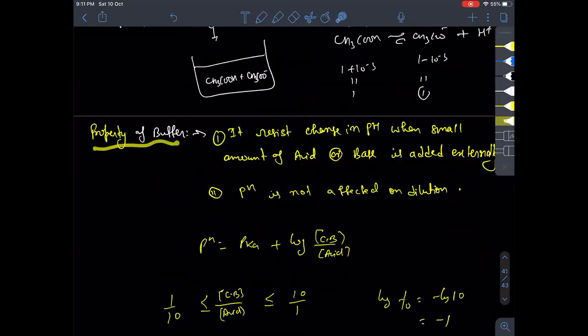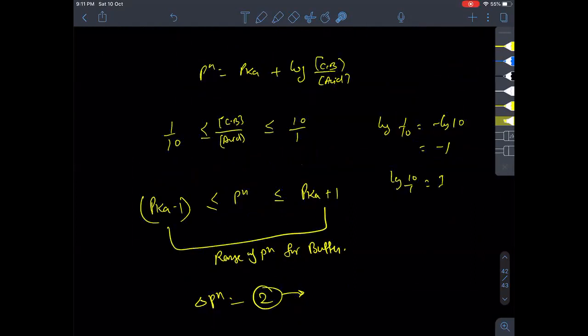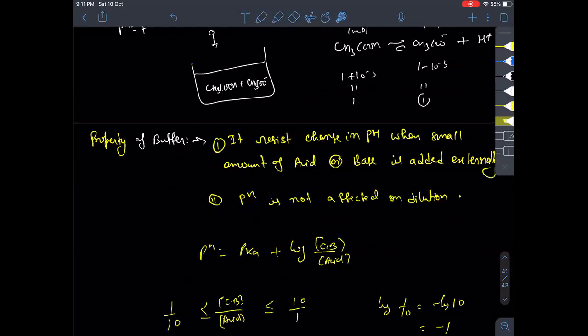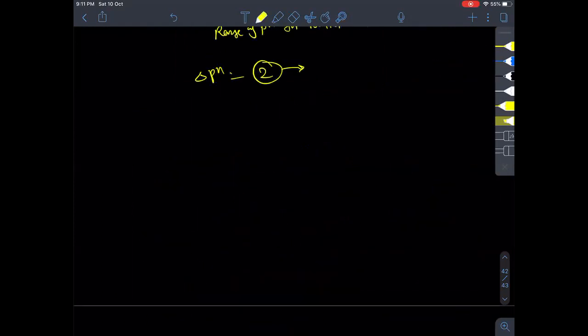So all right, this was all about the properties of the buffer. Another term is defined as buffer capacity. How to define buffer capacity?